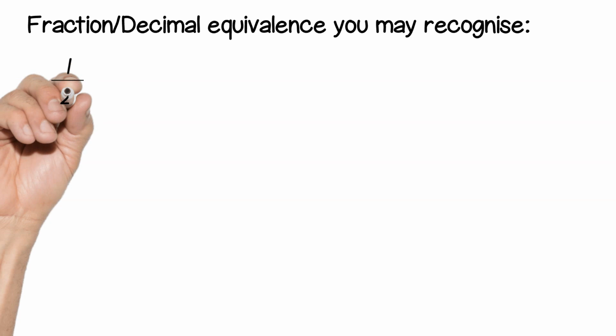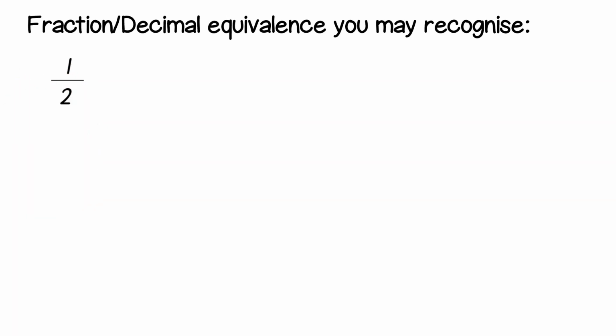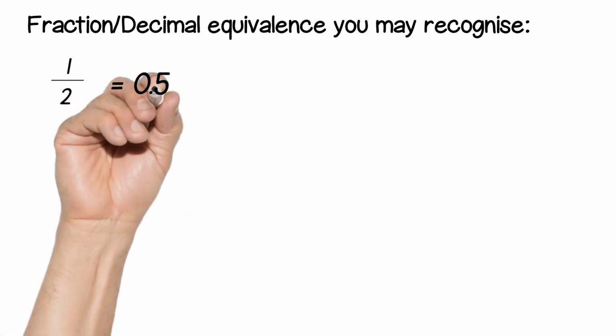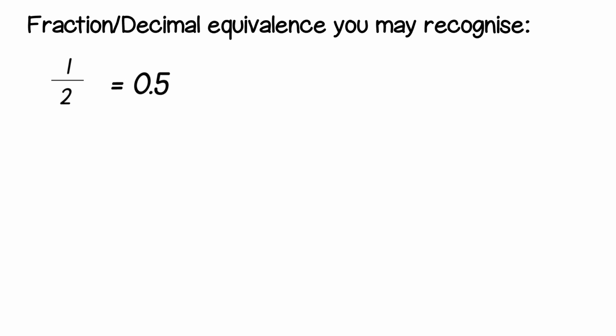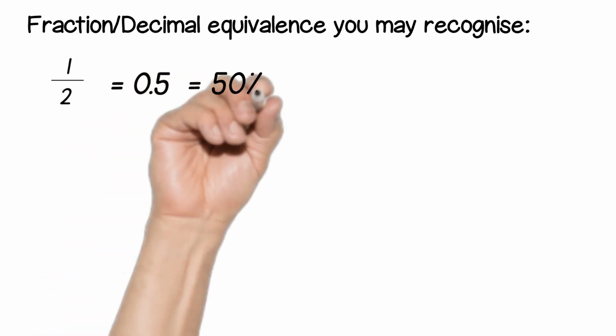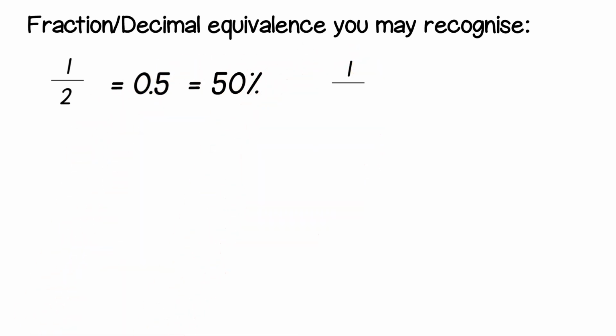So the first one is a half, which as a decimal is 0.5 and as a percentage, it's 50%. The next fraction, a quarter, which as a decimal is 0.25, and as a percentage is 25%.